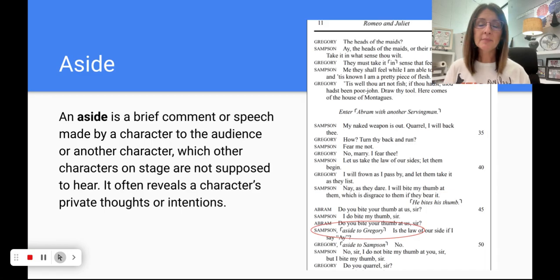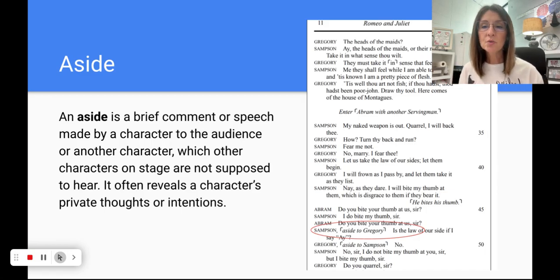Next is an aside. On stage, when you are acting, there are 4 walls. One of them is invisible. The 3 walls beside you and the wall behind you, we can actually see, but that 4th wall is invisible. It's at the front of the stage, between you and the audience, and you shouldn't, as an actor or an actress, break that 4th wall.